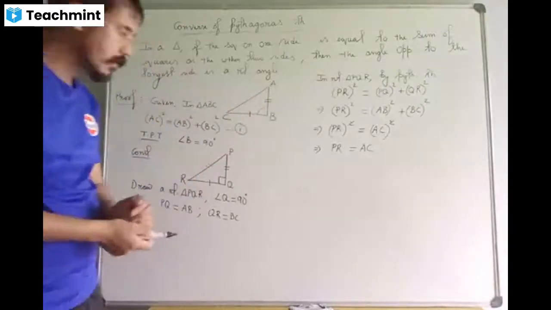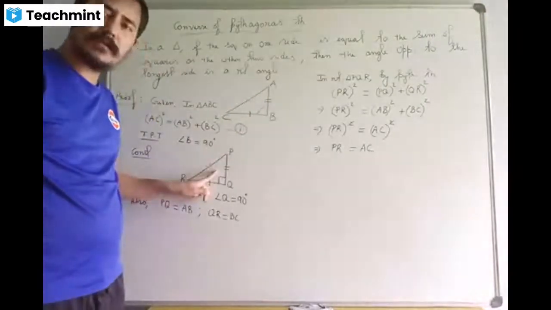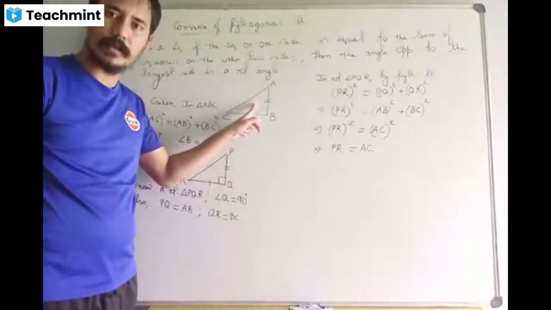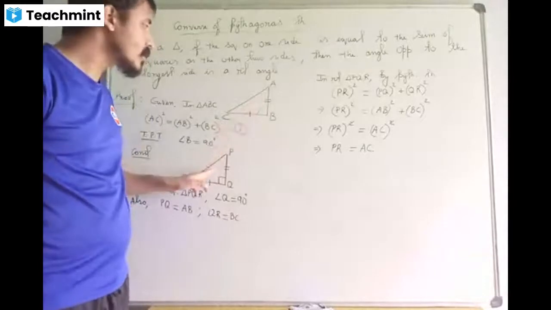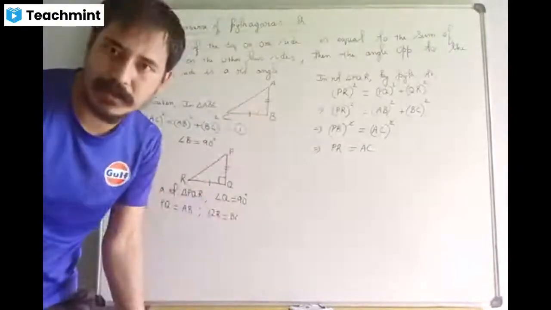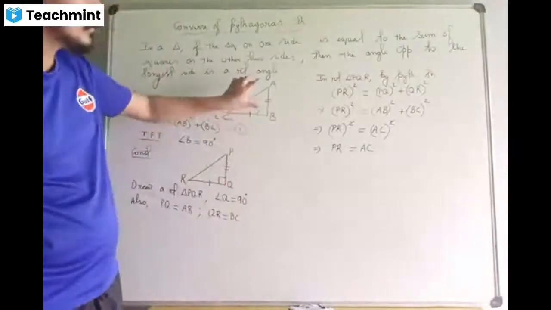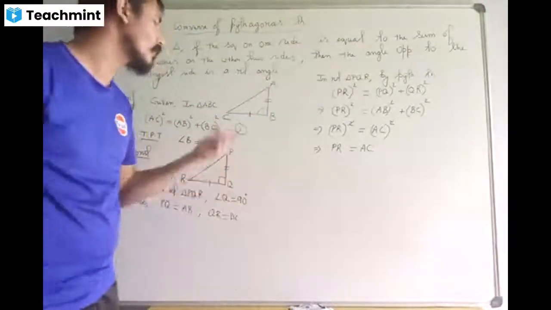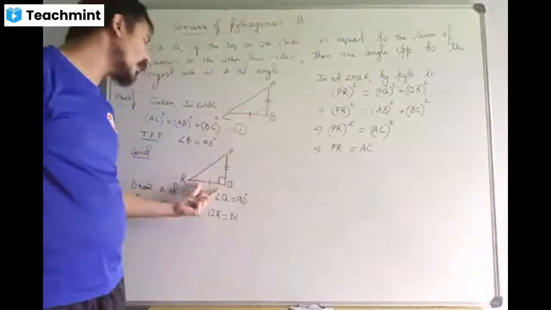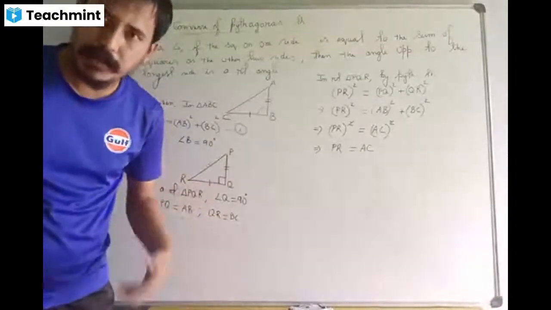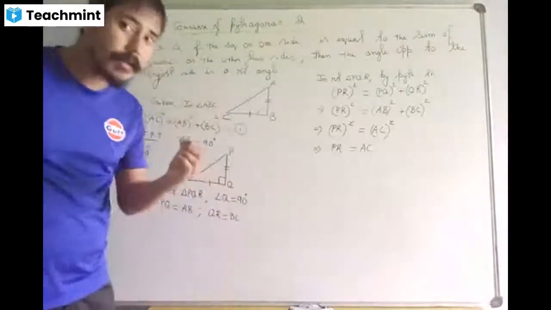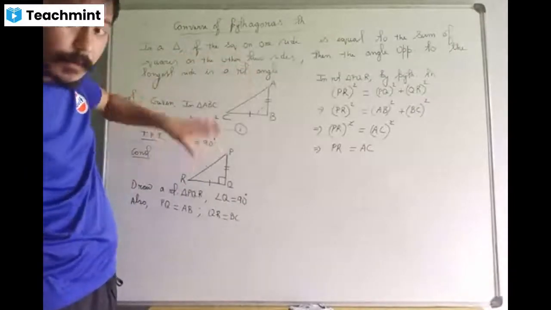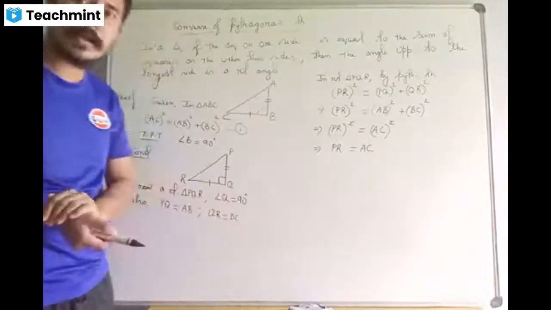That means all the sides of this triangle are equal to the sides of this triangle. That means these two triangles are equal in size. See, the length AB and PQ are equal, that is how we have drawn. The length BC and QR are equal. But we had no idea about AC and PR.